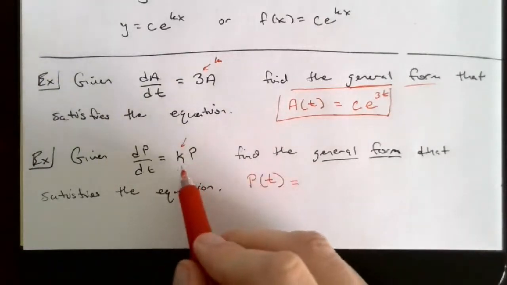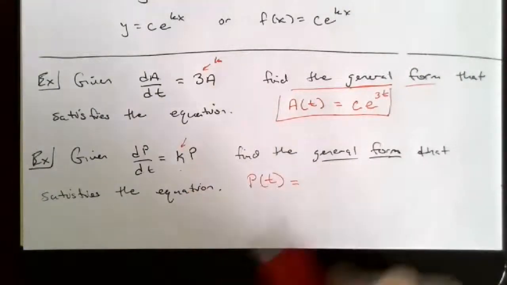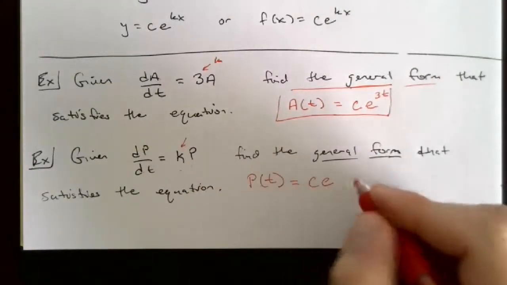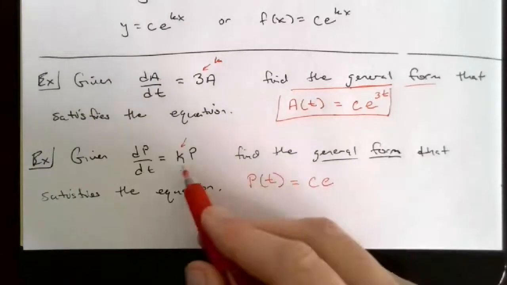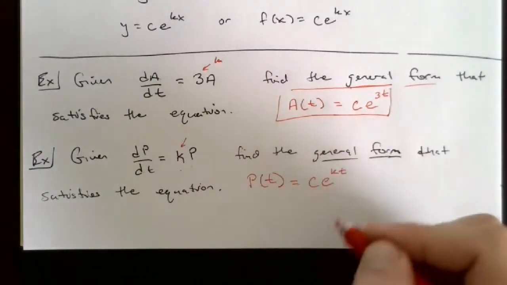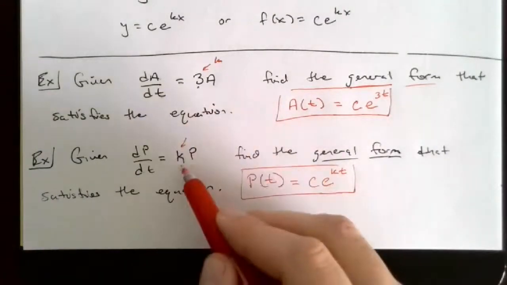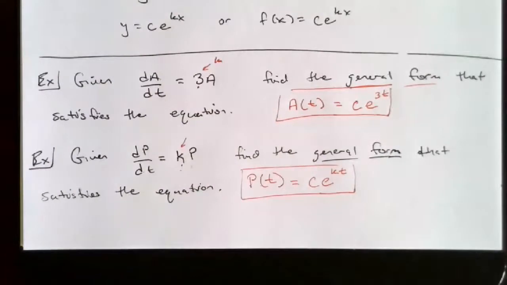Since we have k times whatever the original function is, I can write this as c e to the k t power. In the previous one we knew k was 3, but if we don't know what it is, we're just going to call it k still. So it's the general form.